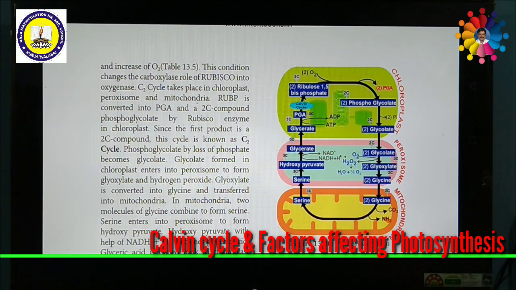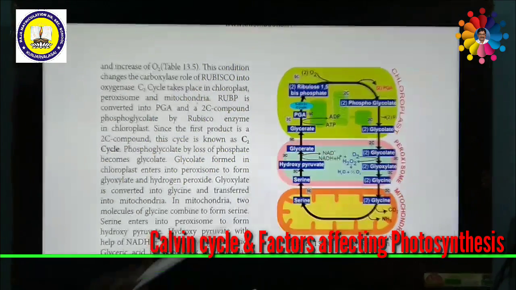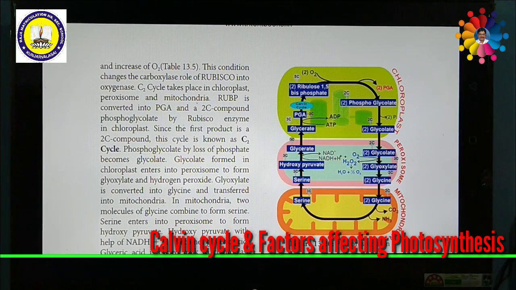There is no phosphorylation or ATP synthesis during photorespiration, but ATP is synthesized during dark respiration by the oxidative phosphorylation process. In photorespiration, NADH2 is oxidized to NAD+, but in dark respiration, NAD is reduced to NADH2.